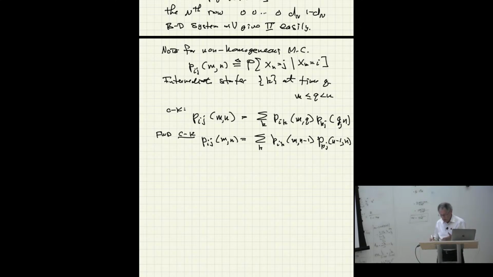Remember, the difference here from what I just showed a moment ago for the homogeneous is that I'm not taking differences, I'm taking absolute values of the time.